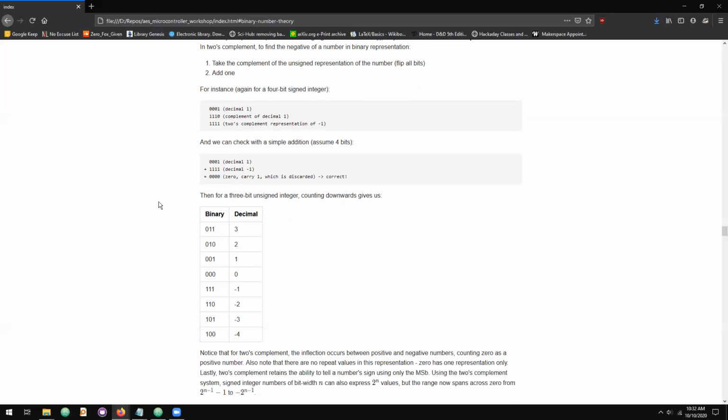If there is an actual carry, what we'd have to do is sign extend all of the values that we're adding up to the resolution that we expect to see at the end. So for instance, if I wanted to use 5 bits of representation instead, the sign extension of this decimal 1 would produce another 0 out here. And the sign extension for this -1 would produce another 1 out here.